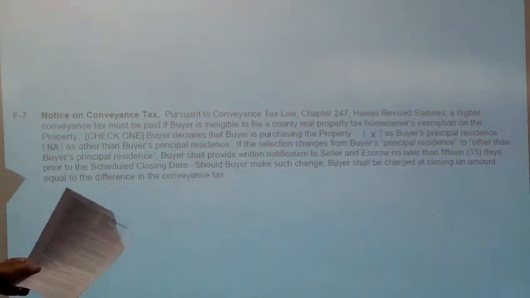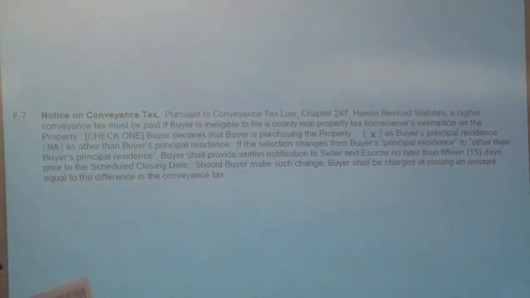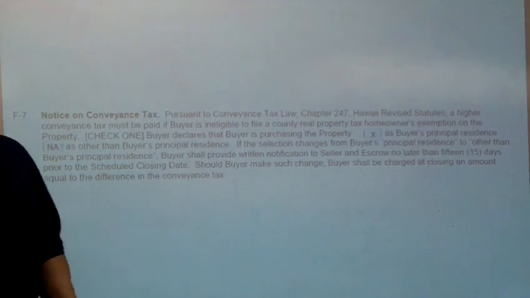So escrow does a lot of things that the buyer is responsible for, that they have no idea what they're signing. This is one of them. The burden is on the buyer to deliver it to the tax department that the sale has taken place. But even though the burden is on the buyer, that's one of the things escrow does. But be aware of it, okay?